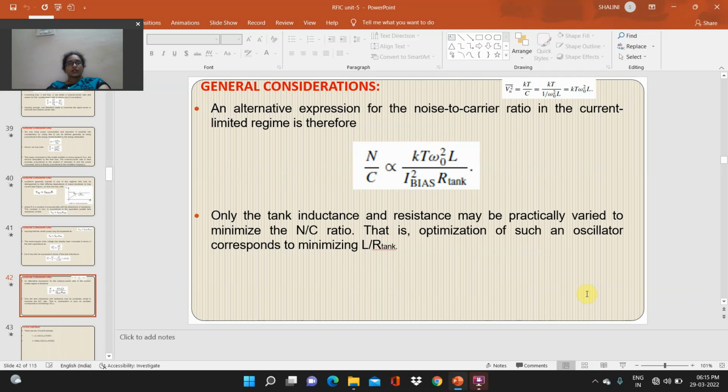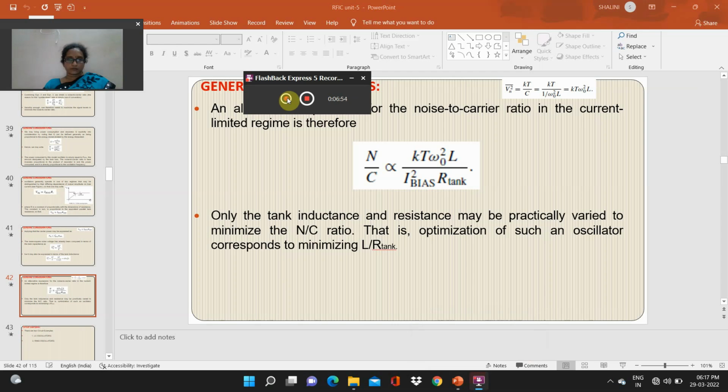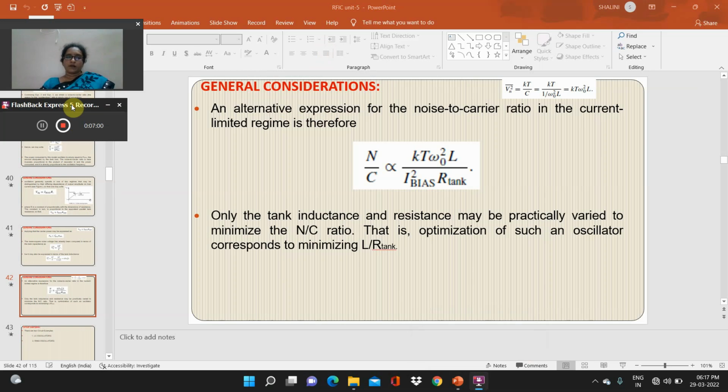An alternative expression for the noise to carrier ratio in the current limited regime is therefore N by C is directly proportional to kT omega naught square L by I square bias into R tank.